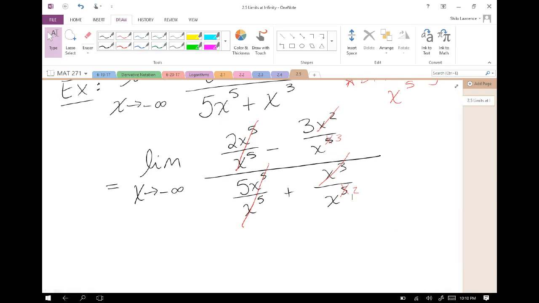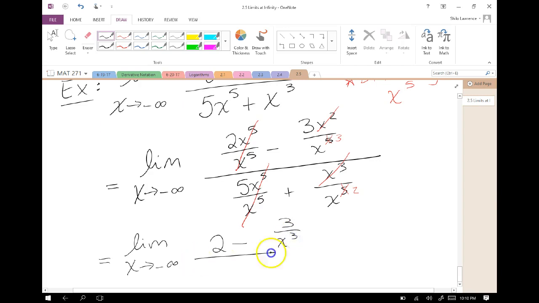So we're going to rewrite what we've got. So that's going to just leave me with 2 minus 3 over x cubed divided by 5 plus 1 over x squared.